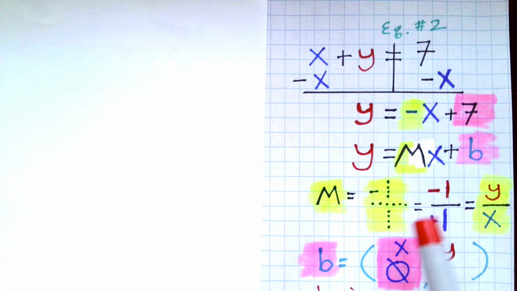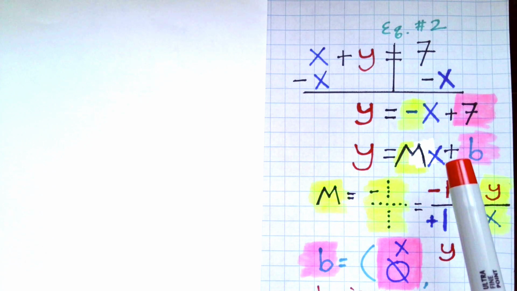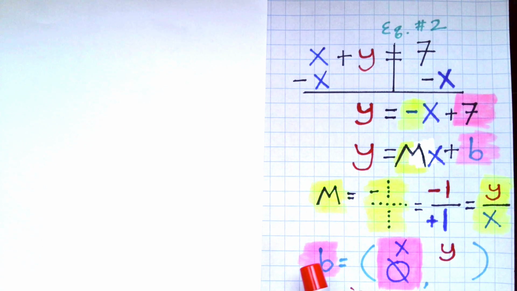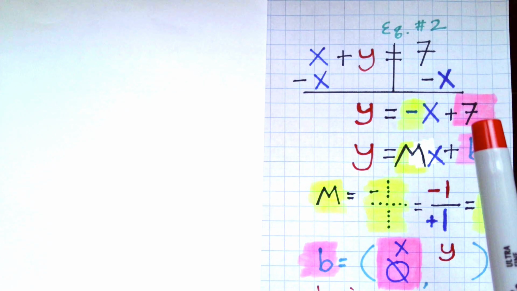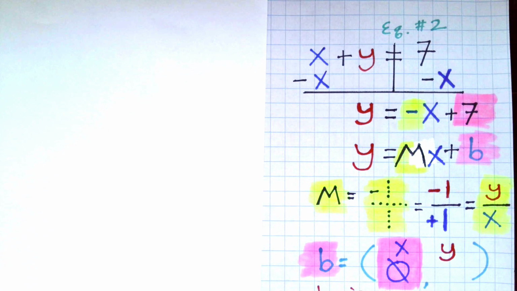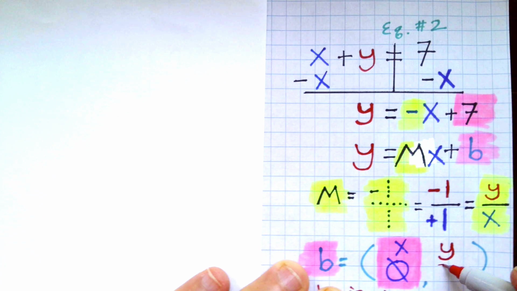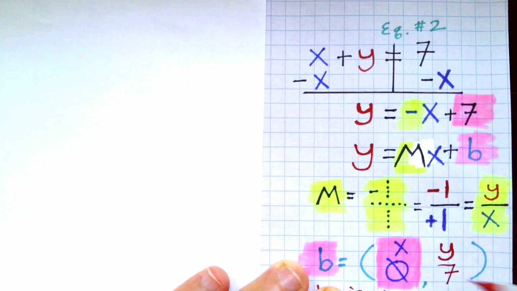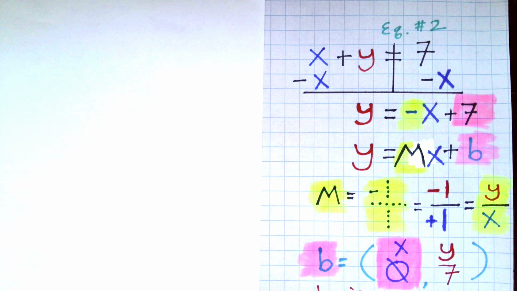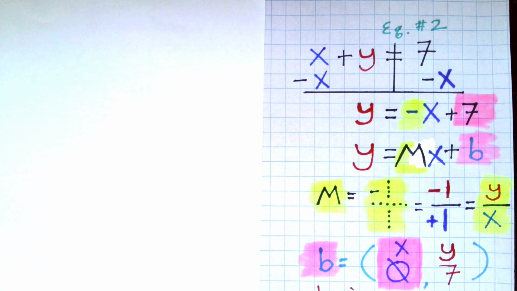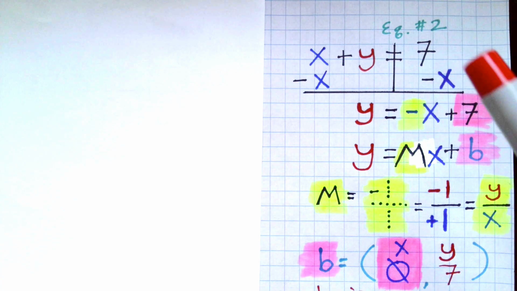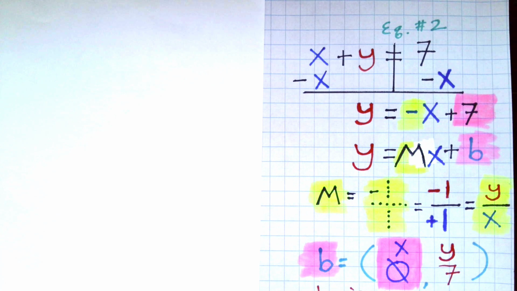And remember, your b value is always going to be your y-intercept, where x will always be 0, and your y value will be your b. So in this case, my y value will be 7. My y-intercept is at 0 for x, 7 for y. That's where I'm going to start my first plot point in relationship to equation number 2.